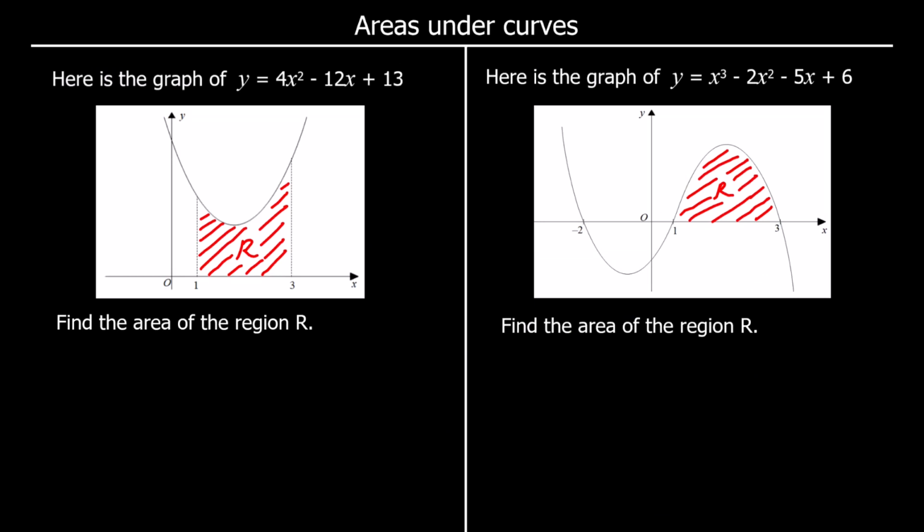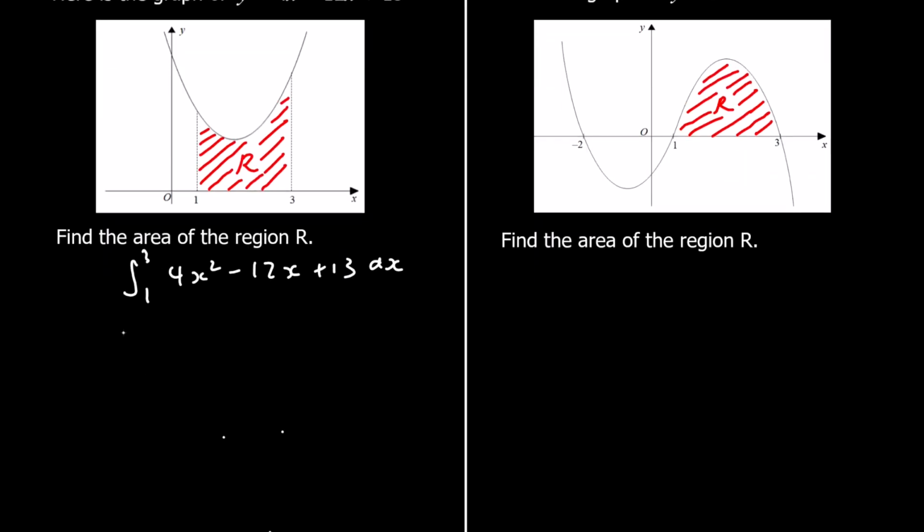Here's another one. So we've got 4x squared minus 12x plus 13. Find the area of the region. So again, it's the integral between 3 and 1 this time, between the two limits, of 4x squared minus 12x plus 13 with respect to x. So integrate, add 1 to the power, divide by the new power. So 4/3 x cubed minus 6x squared plus 13x.